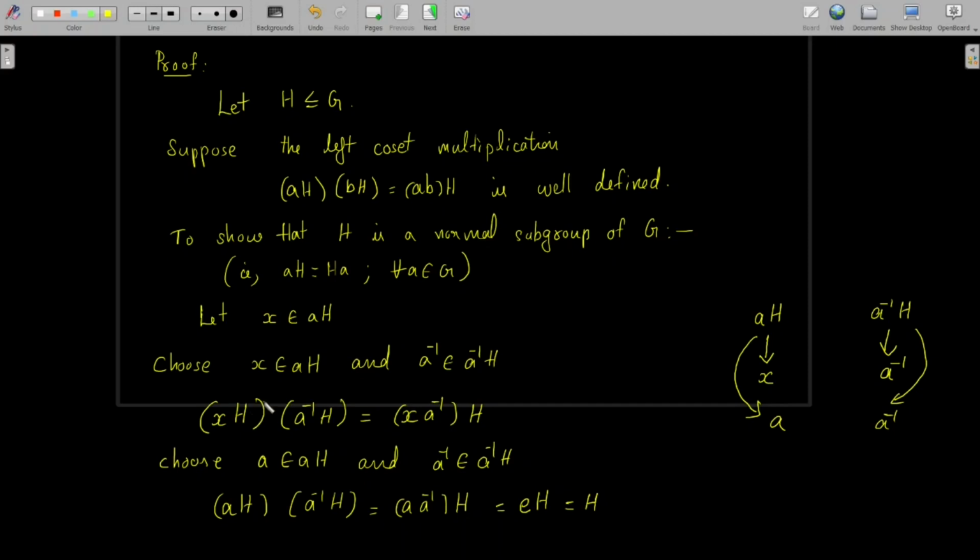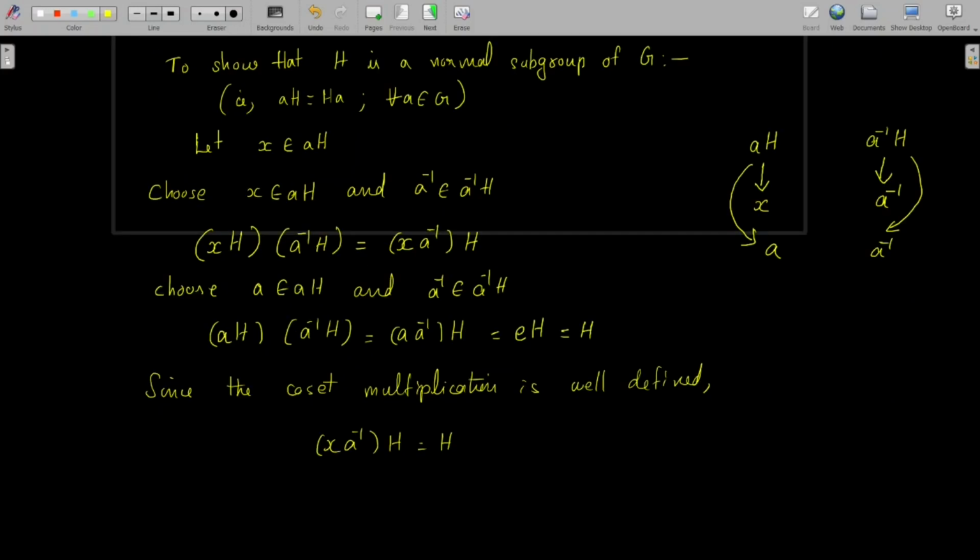Here what happens is that we take the element x belonging to aH, that is, xH is equal to aH, and we take the element a inverse belonging to a inverse H. Therefore, if we multiply these two cosets, xH times a inverse H, actually we are multiplying the cosets aH times a inverse H. And here we do the same, aH times a inverse H. Here we get the answer as H, but here we get the answer as x a inverse H. Since the operation is well defined, this x a inverse H should be equal to H itself.